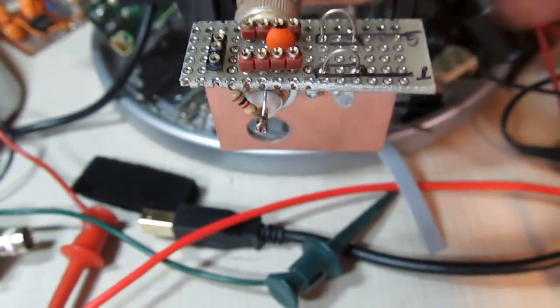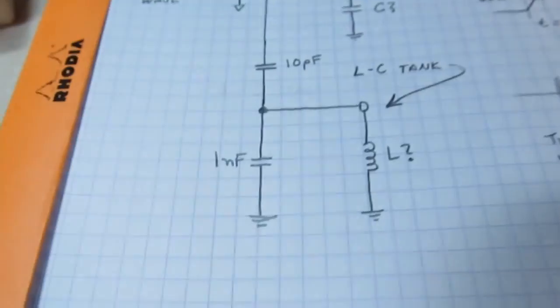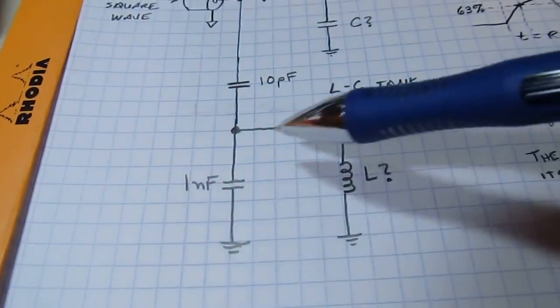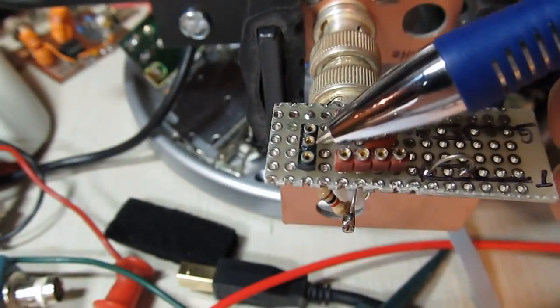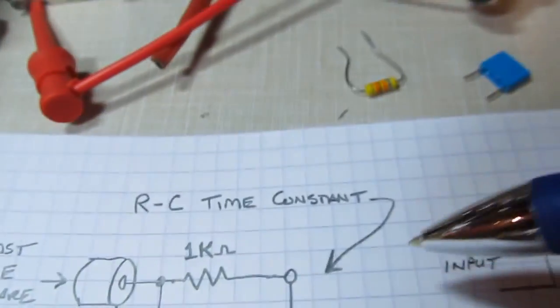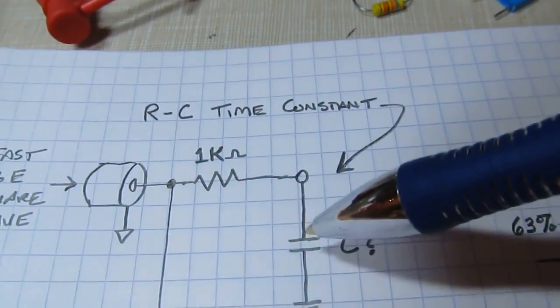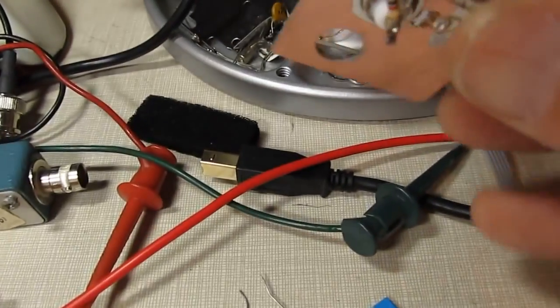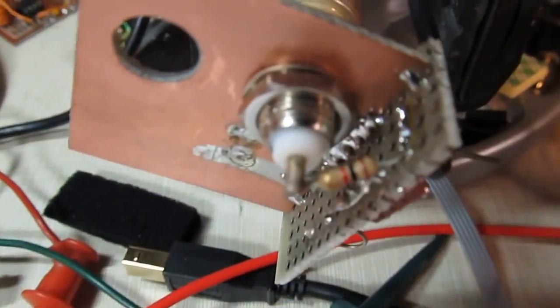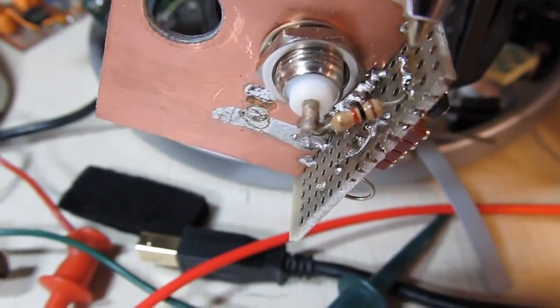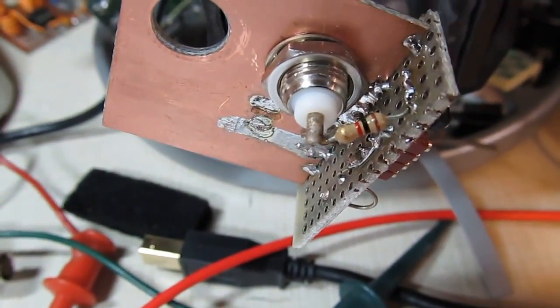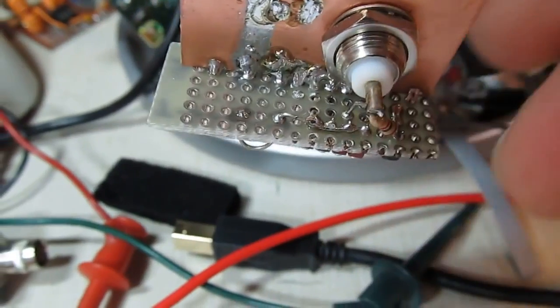That's our 10 picofarad coupling capacitor, so that is this part of the circuit right here. This port right here is for the connection for the unknown capacitor. If we look underneath this, you can see there's my 1K resistor. That's connecting up to that black set of connections. Let me rotate this around a little more.